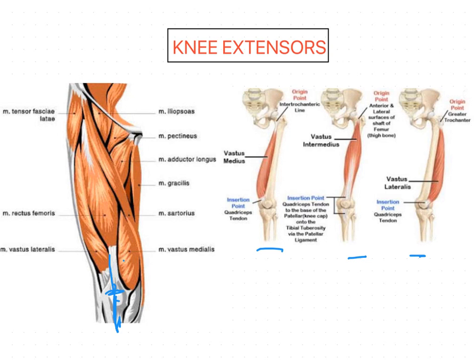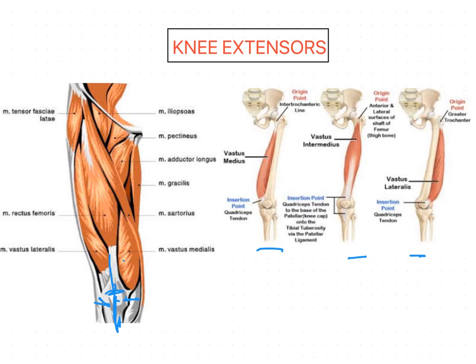But the vastus medialis and vastus lateralis also insert directly into the medial and lateral aspects of the patella by way of retinacular fibers of the joint capsule. We have already discussed this in the extensor retinacula.